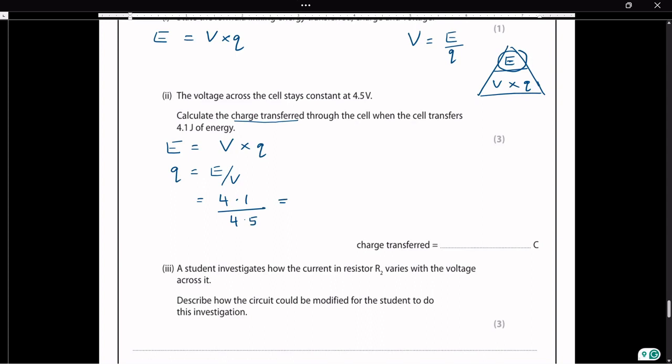Please make use of your calculator. This will give an answer of 0.911 coulomb. The symbol coulomb is already given.